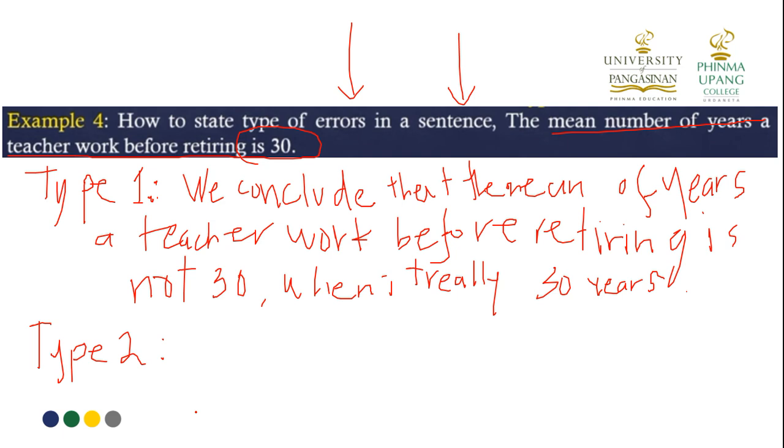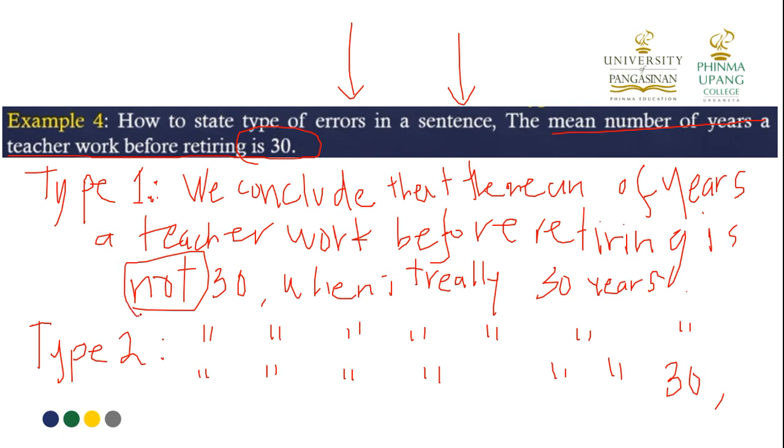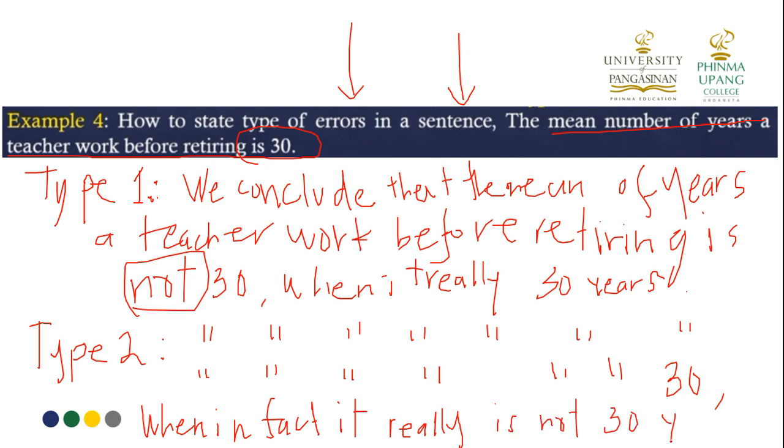Type 2 naman. Idagdag nyo lang. We conclude, parehas lang ha. We conclude that the mean of years a teacher work before retiring is 30, tanggalin mo yung word na not, when in fact it really is not 30 years.